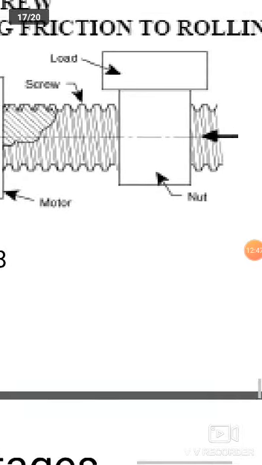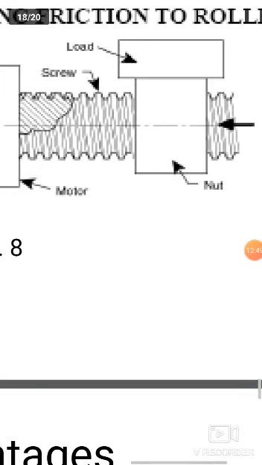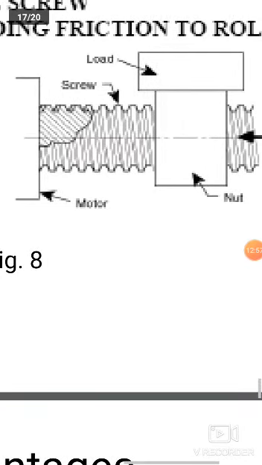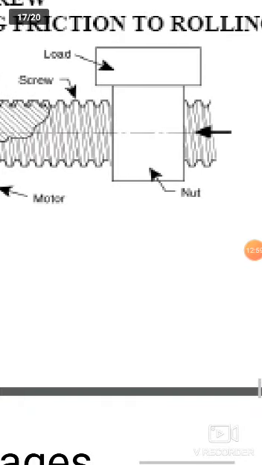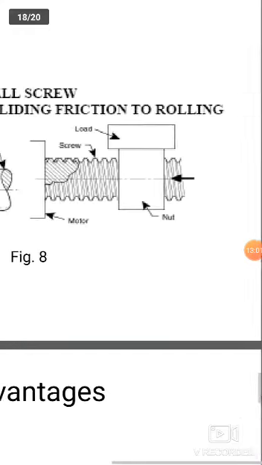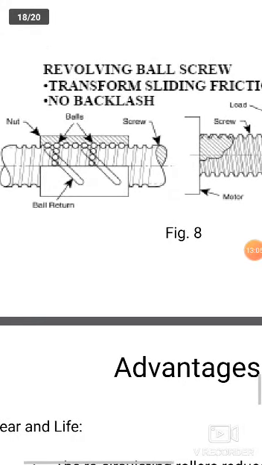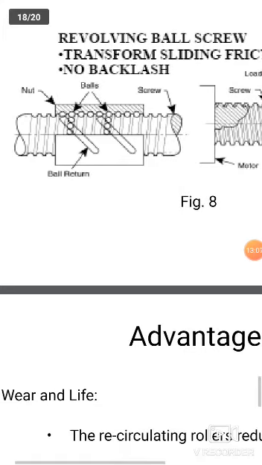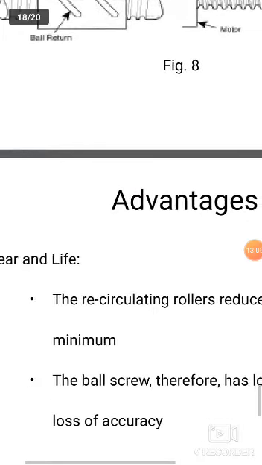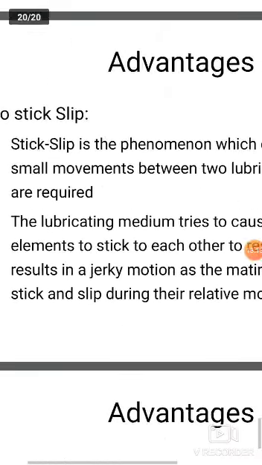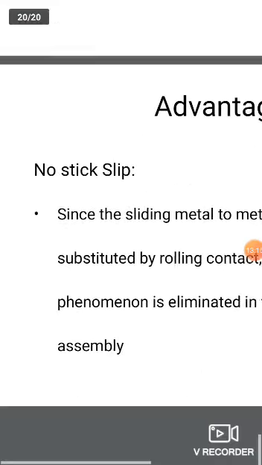When it moves with backlash, the ball bearings inside the thread will jerk sometimes. Here is the motor, this is the screw, and here we are putting the load on the nut. So this is the picture of a revolving ball screw with backlash. Advantages: wear life, no stick slip.